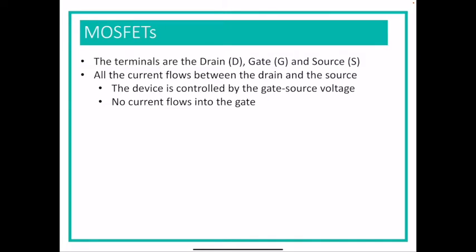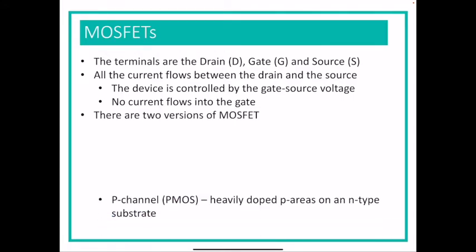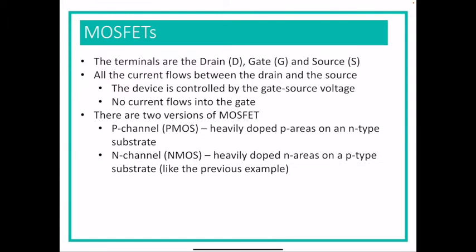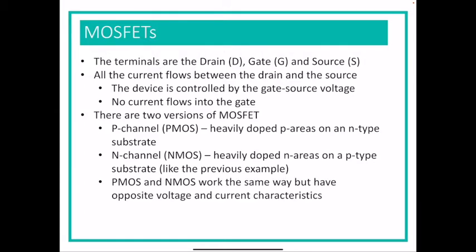There are two types or versions that you can make depending on the substrate. There is a P channel or PMOS, where the heavily doped areas are P areas on an N-type substrate, and then the N channel is the one that we looked at in the previous example. They both work the same way, but they have opposite voltage and current characteristics.